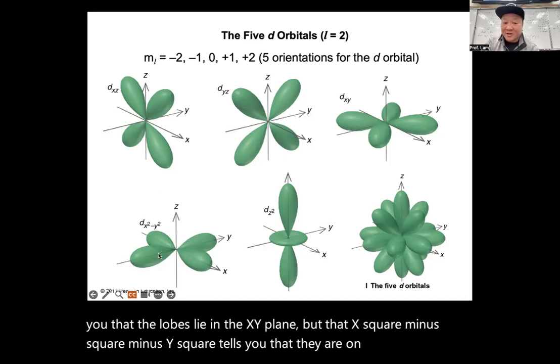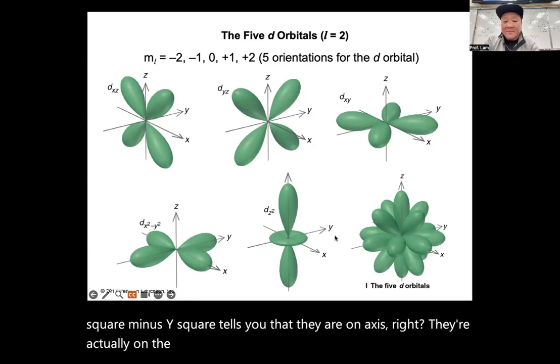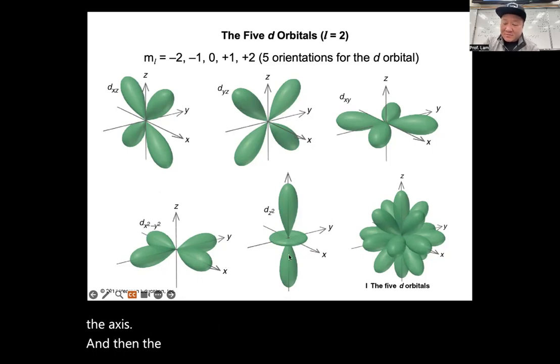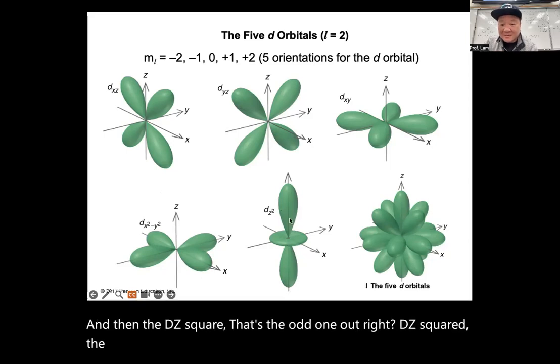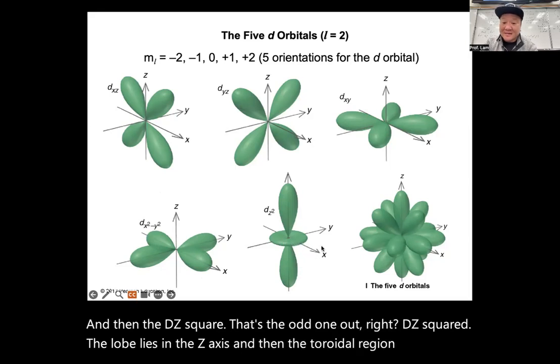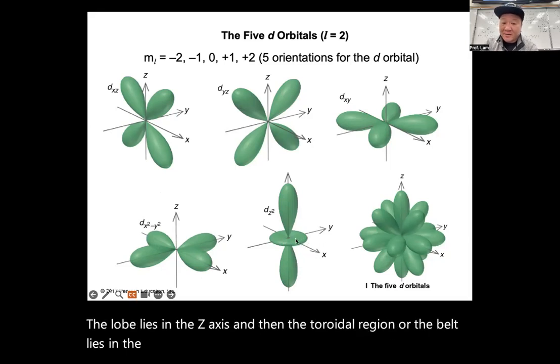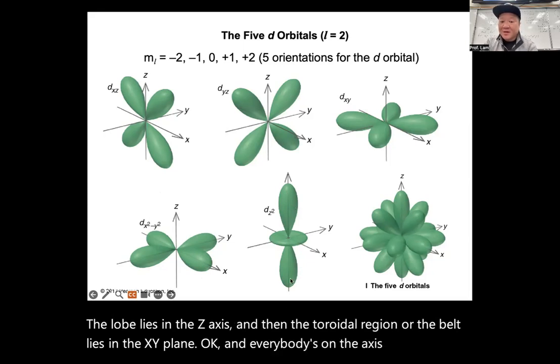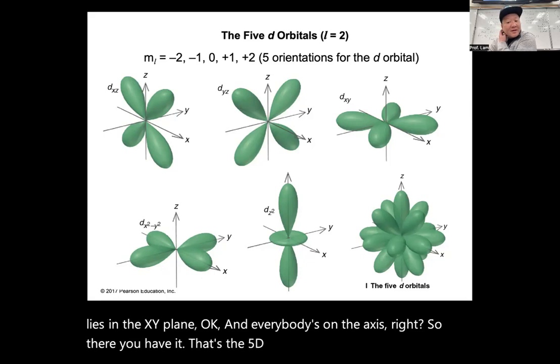They're actually on the axis. And then the dz squared, that's the odd one out. For dz squared, the lobe lies on the z axis, and then the toroidal region or the belt lies in the xy plane. So there you have it. That's the 5 d orbitals.